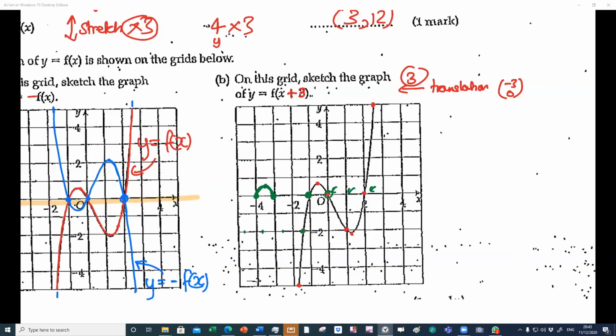Okay, so we're going to have that one there. And that one will be just over there. Oh, that's nice. Okay, so we have this point here. 1, 2, 3. It goes there.